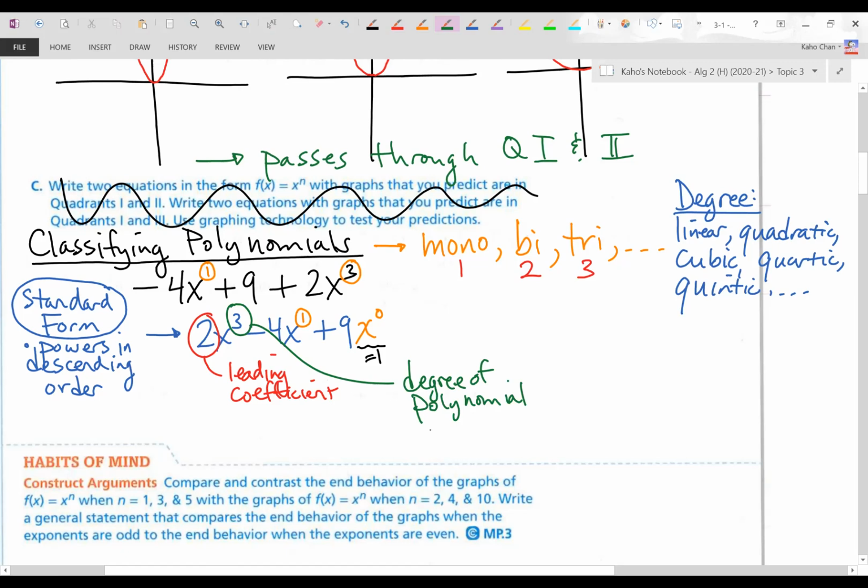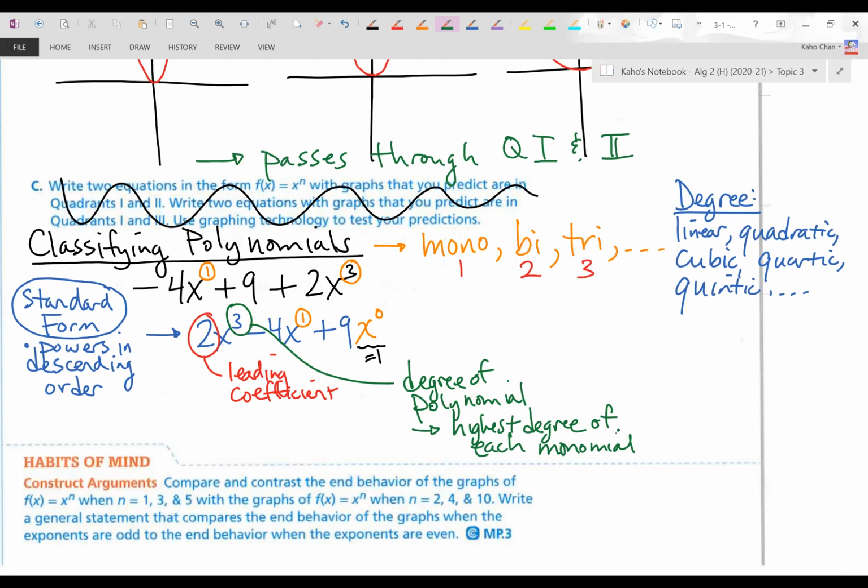It's technically the highest degree of each monomial. So we had a trinomial here. The powers were 3, 1, and 0. So you just pick the highest number, and that is the degree of the polynomial. You don't add up the individual degrees. You only pick the largest one.